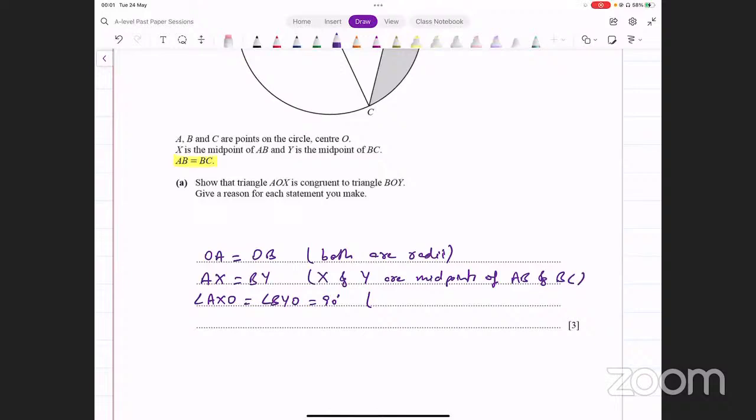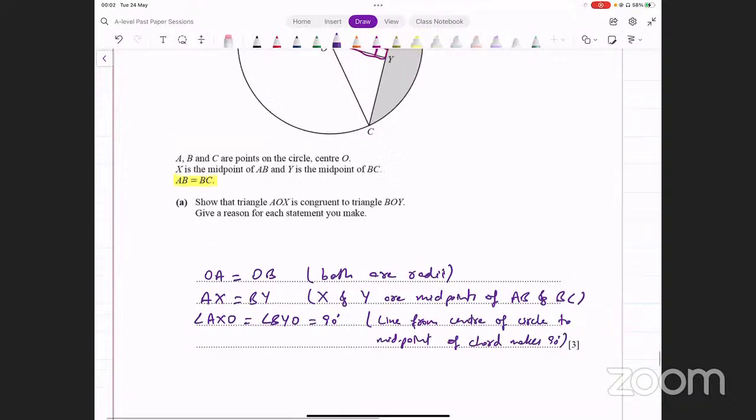We can say line coming from center of circle to midpoint of chord makes a 90 degrees. ये आपके पास तीसरा angle equal आ गया.